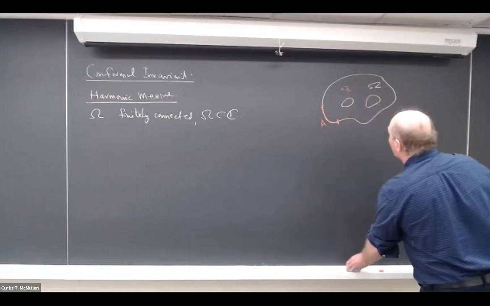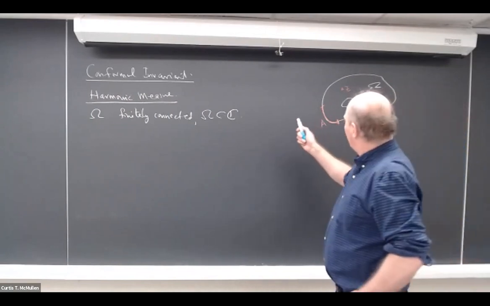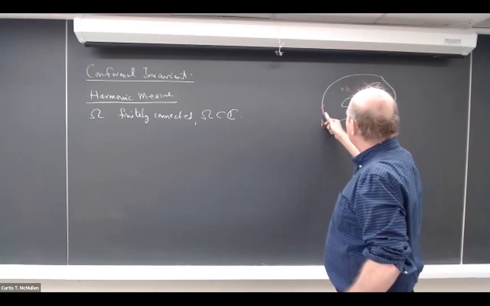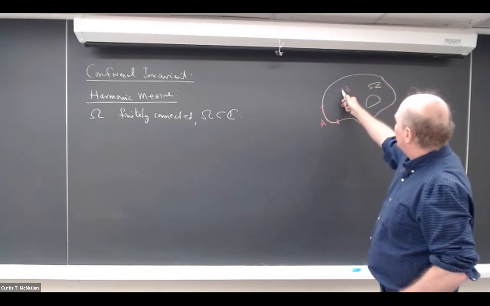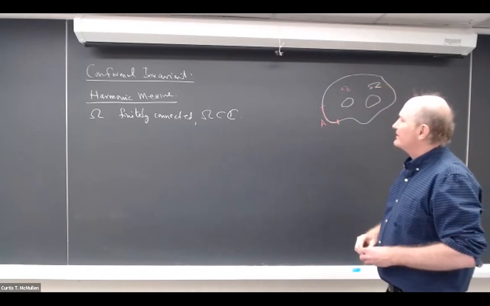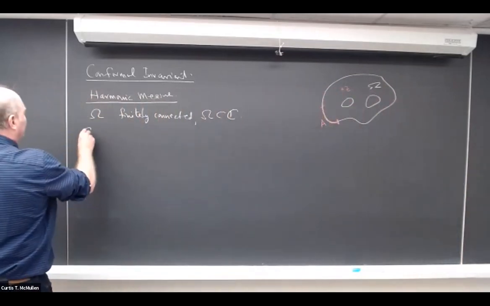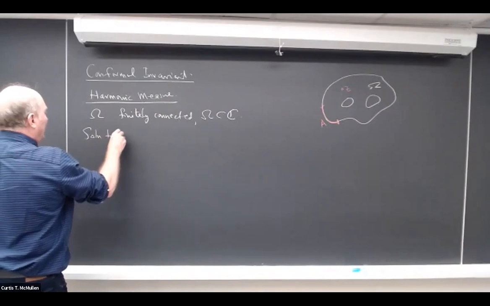And we want to know how much the values of a continuous function on the boundary of omega, how much the values of that function on A influence its harmonic extension to the point Z. So in particular, we have a solution to the Dirichlet problem at hand.